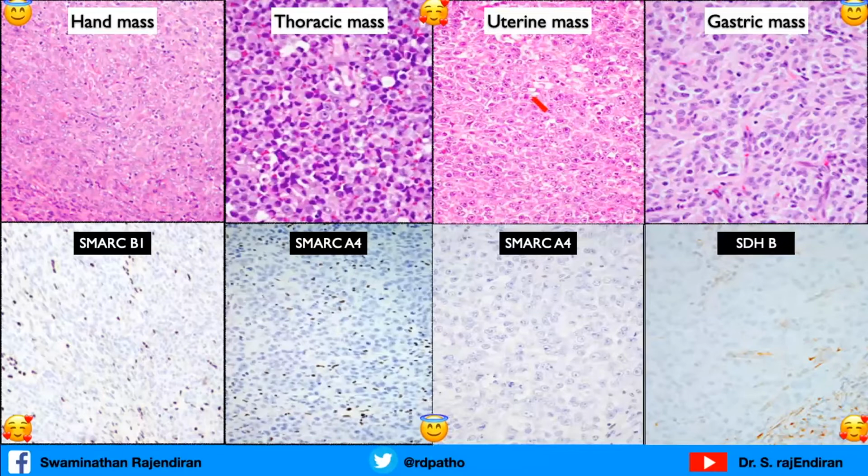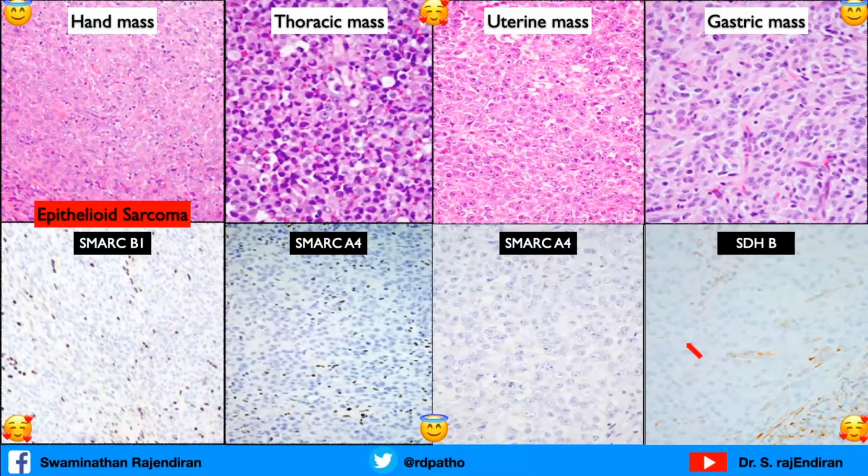In this uterine mass, SMARCA4 is negative. And in this gastric mass, the SDHB, succinate dehydrogenase B, is negative. It is preserved in some of the smooth muscles of the stomach and some of the inflammatory cells or endothelial cells, but the main tumor cells are negative. So these are all inactivation markers. Depending upon that, you give the name.